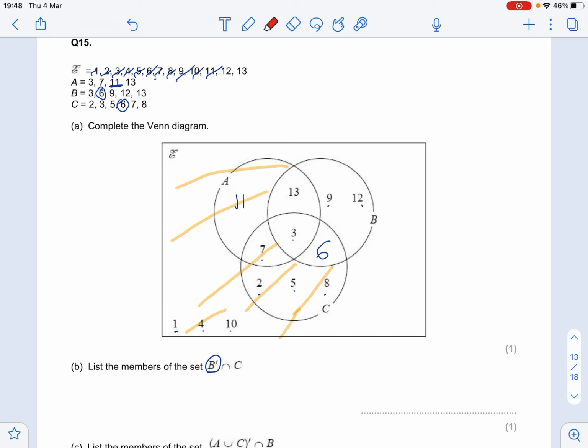So C is here. So what numbers have I shaded in twice? So I have 7, 2, 5, and 8. So the set is 2, 5, 7, and 8.